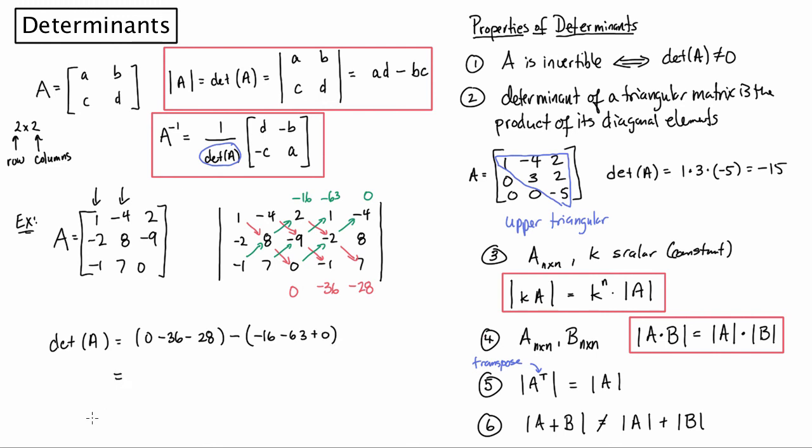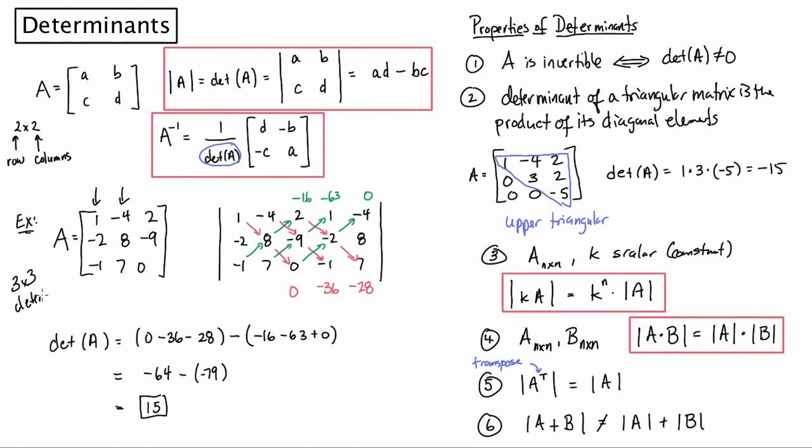So that turns out to be, let's see here, that's minus 64, and that is a minus a negative 79. So that would be positive 79 minus 64, or 15. So this has determinant 15. This is just the way to find a 3 by 3 determinant.